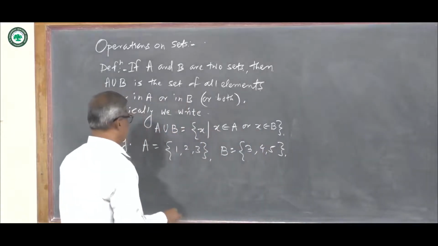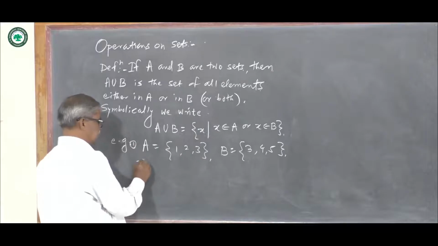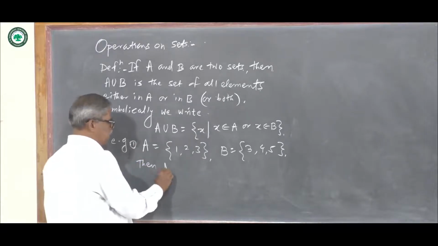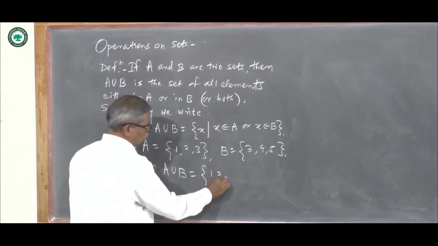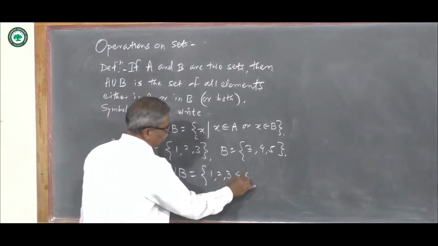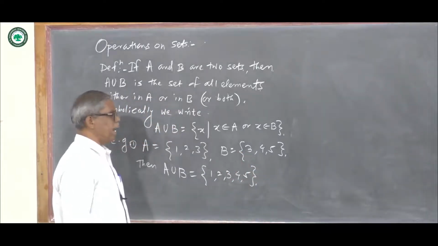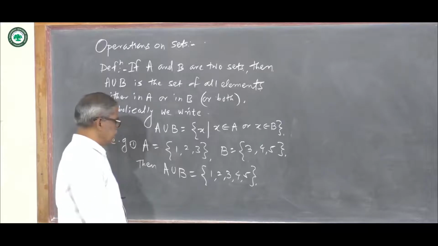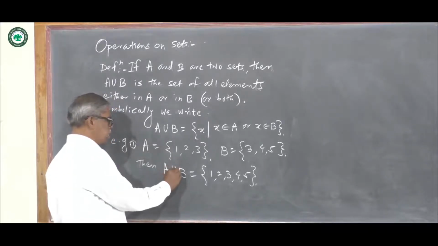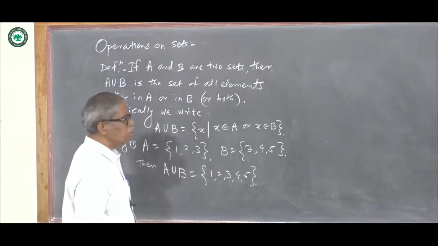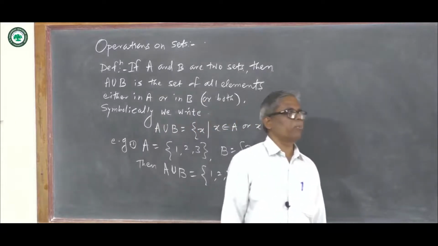Then A union B is equal to {1, 2, 3, 4, 5}, all elements from the set A and from the set B. This is the union operation.